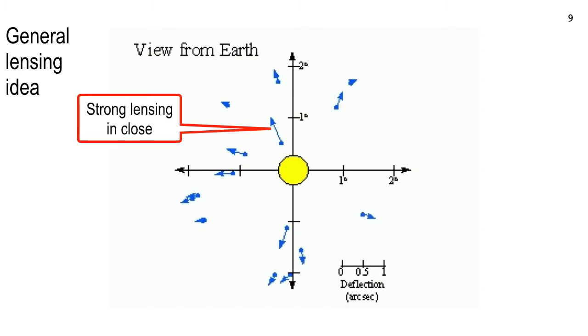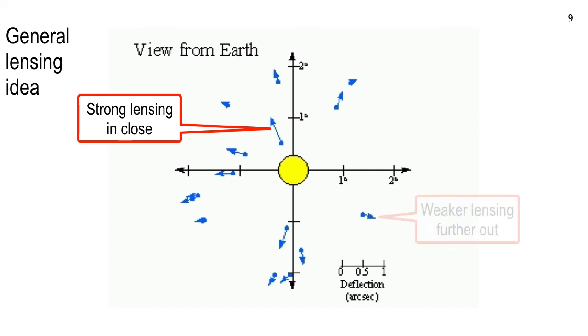So stuff out here, that star is fairly close to the sun. It's going to have its starlight deflected a little bit in that particular direction. So the tip of that arrow is where you'll look for that star. You won't look for it in the original position where the little box is at the end of the arrow.